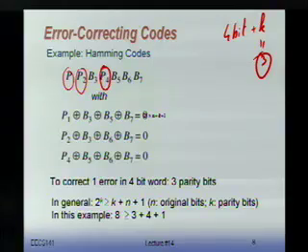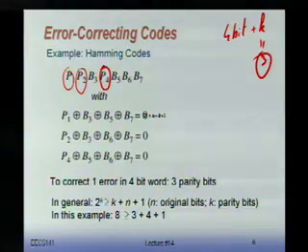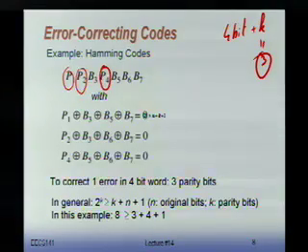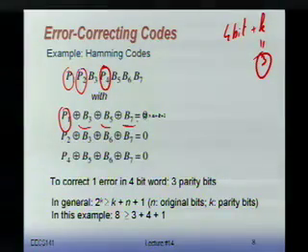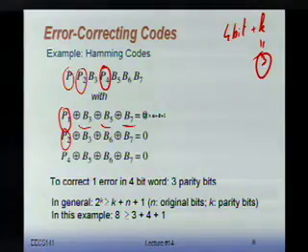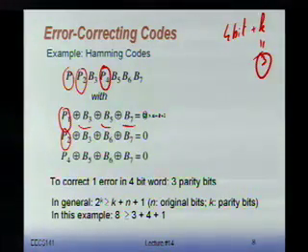Now, if a word is correct, there's a number of checksums we're going to create. We basically XOR P1 with a well-defined set of bits, in this case B3, B5, B7. Okay? P2 gets XORed with some other bits in our word, B3, B6, B7.